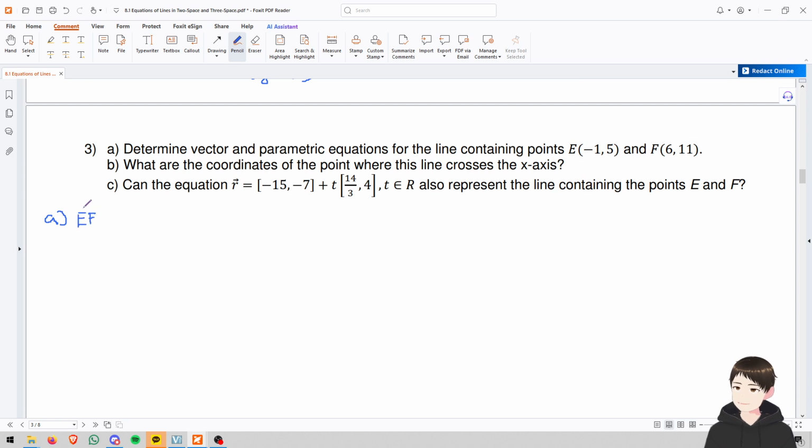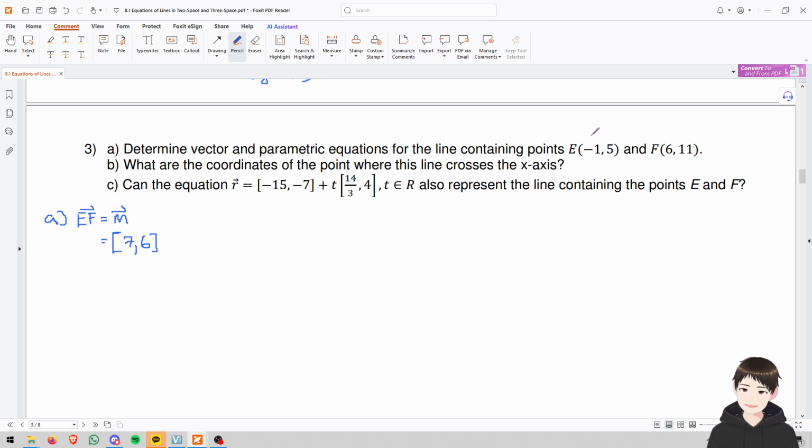The vector from E to F is the same as my direction vector. Let's figure that out. If I finish at F but start at E, that's 6 minus negative 1, that would be a 7. And 11 minus 5, that would be a 6. That's my direction vector.